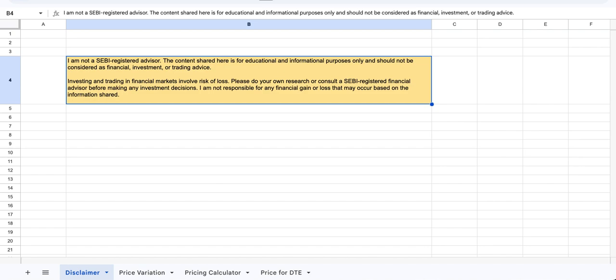Now let us see how we can get that 2000 rupees from the market. When we buy or sell Nifty options, you cannot buy or sell a single option. You have to buy or sell 75 option contracts together.